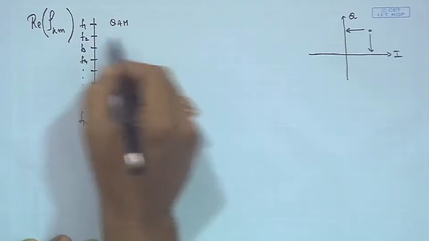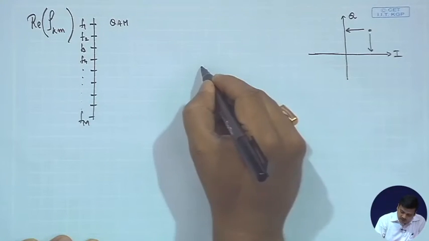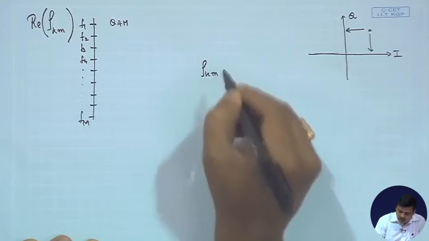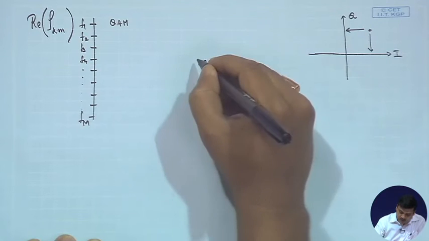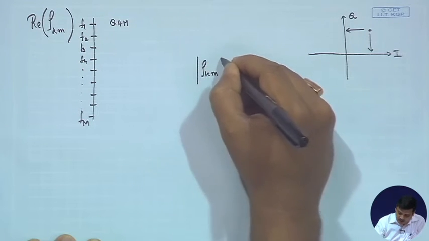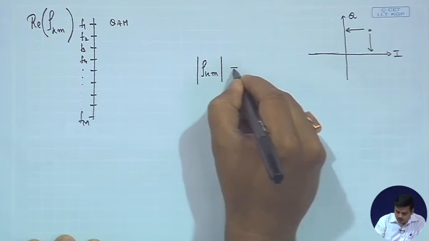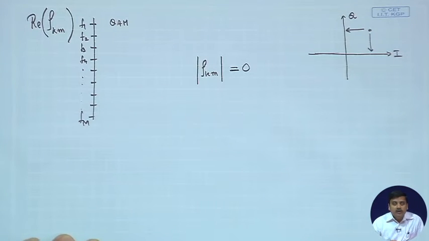So, when we are sending this and we are interested in rho km, what we should be interested in is when the absolute value of rho km goes to 0. Only when the absolute value of rho km goes to 0 will we be able to decipher whether the signal is present in one of the components or not, and further decode how many bits were used in choosing a particular QAM constellation.